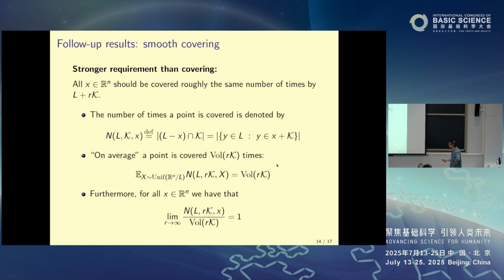So this is N(L, K, x). Now on average, if I average this function, let's say, on a uniform distribution over a huge ball with respect to x, then this will just be the volume of rK, right? We expect from volume considerations, since the lattice has unit covolume, that the number of lattice points will be the volume of rK, but this may vary significantly with x. But on average, we have this.